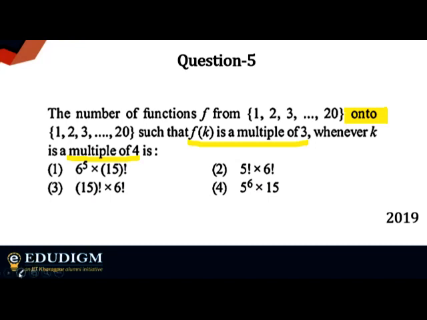Whenever you're talking about one-one functions or onto functions or any classification of functions, always take care of the cardinality of the sets, the domain and the codomain.